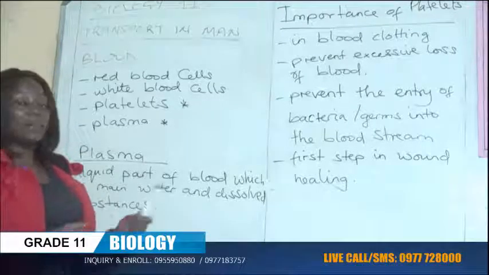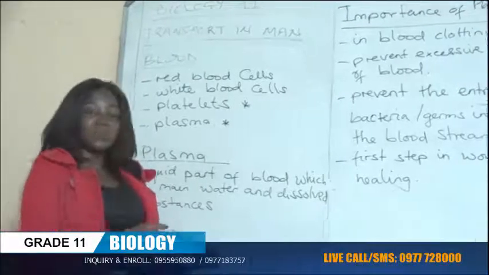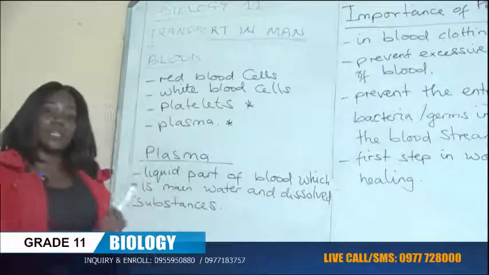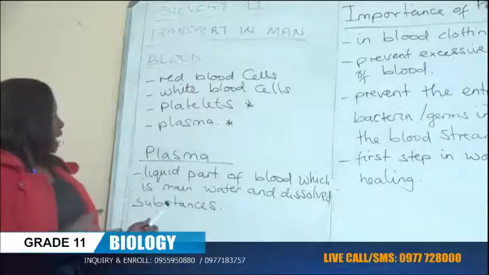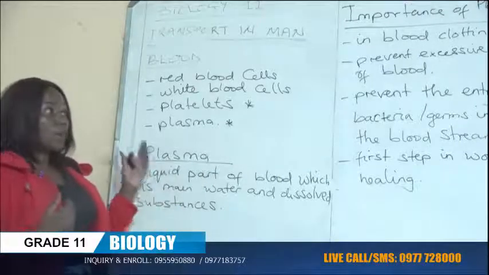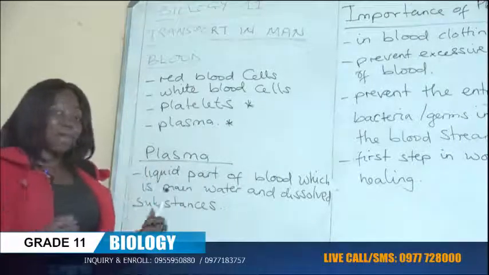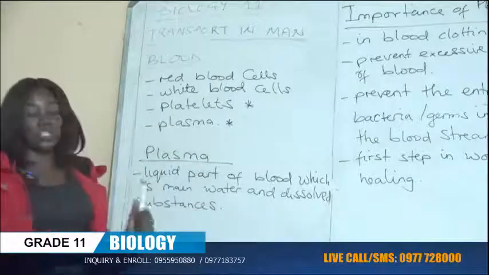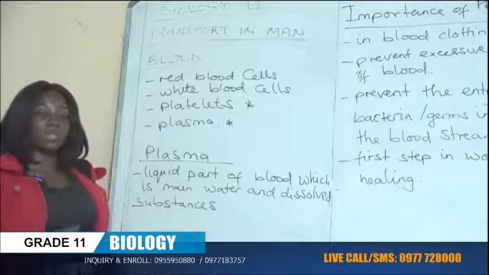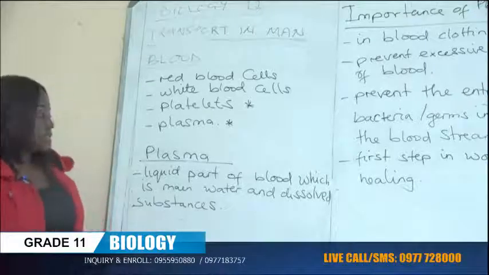Blood is a liquid. When you bleed, you see a liquid coming out. That liquid consists of four components. We've removed the red blood cells, the white blood cells, the platelets, and now we are left with the plasma, which is the liquid part of blood that is made of water and dissolved substances.